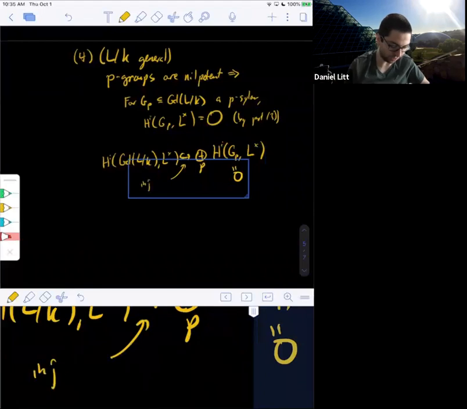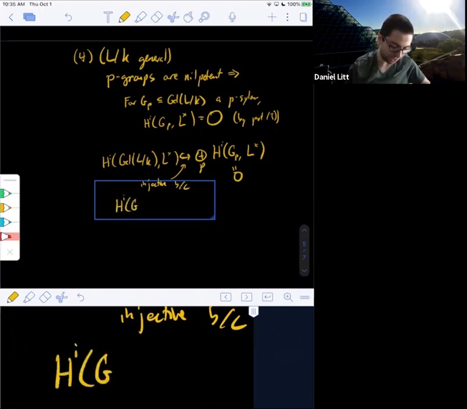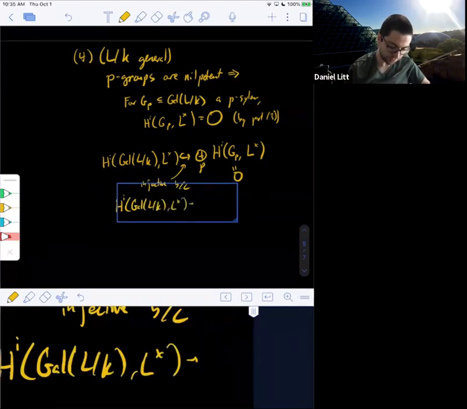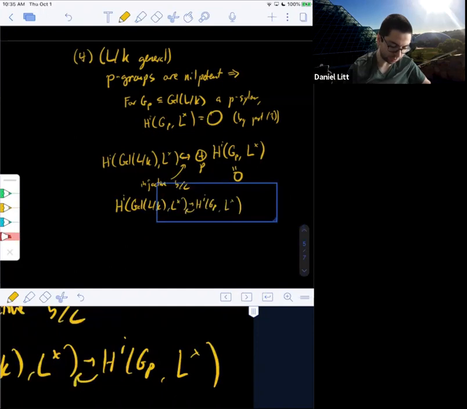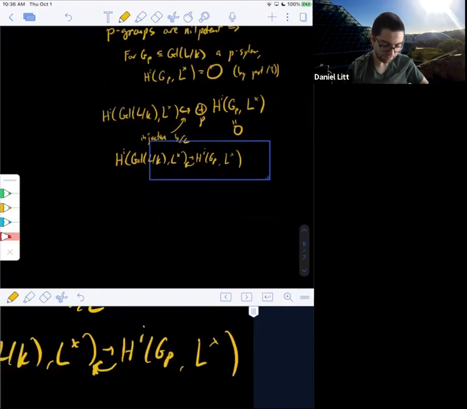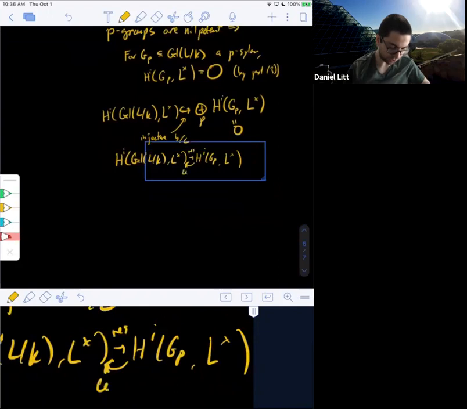So this is injective because, have you guys seen this fact? All right, so there's a map from H^i of the Galois group, L cross, to H^i of G_P with the same coefficients. This was the P-Sylow. Okay, and there's a map back. This is called restriction. This is called co-restriction.